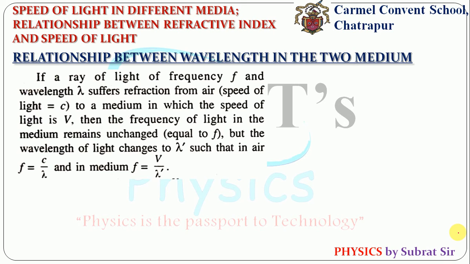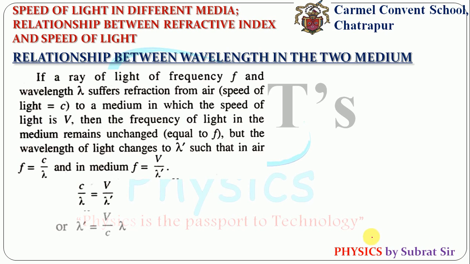So now c by lambda is equal to v by lambda dash, because we know that the frequency remains the same in the process of refraction.